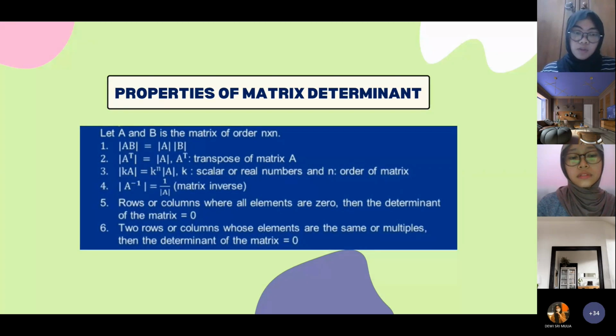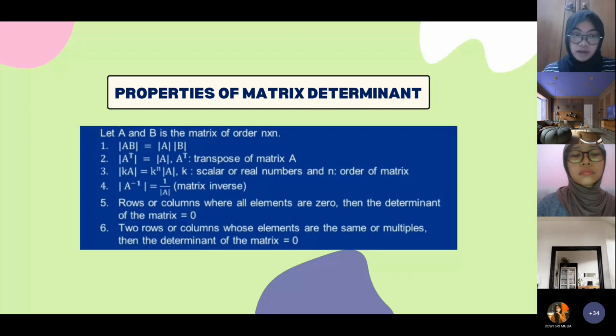Determinant of transpose of matrix A is equal to determinant of matrix A. We read A with T in superscript as the transpose of matrix A. 3.